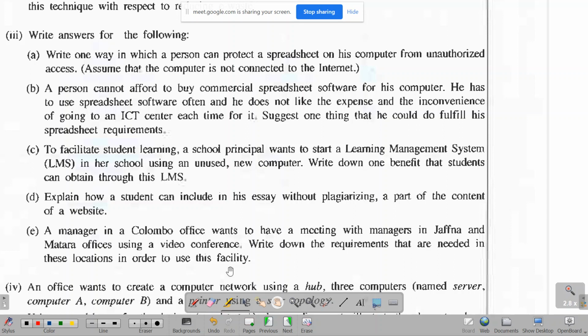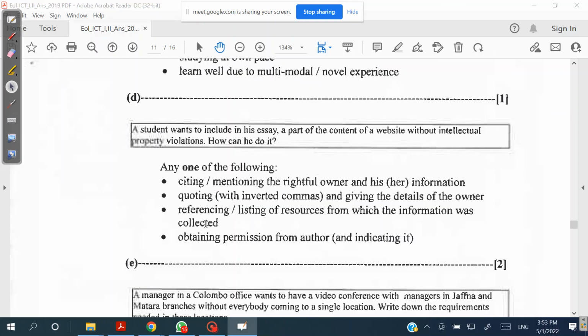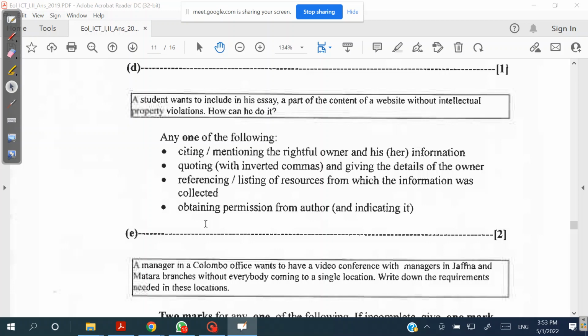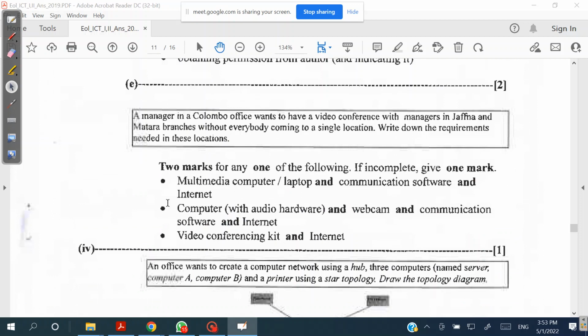So these things are the answer. Multimedia projector, laptop and communication software and internet, or the computer and webcam and a communication software and internet. We are introducing it separately.